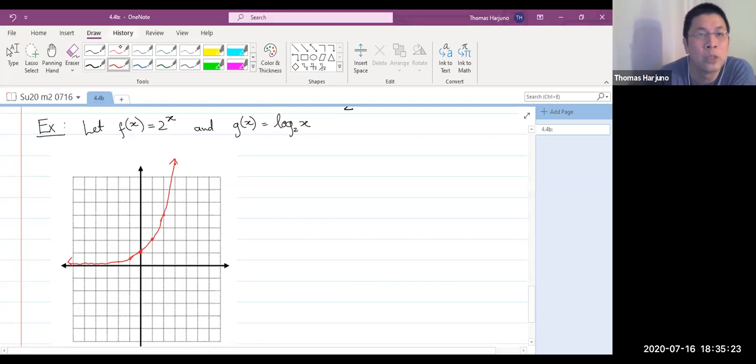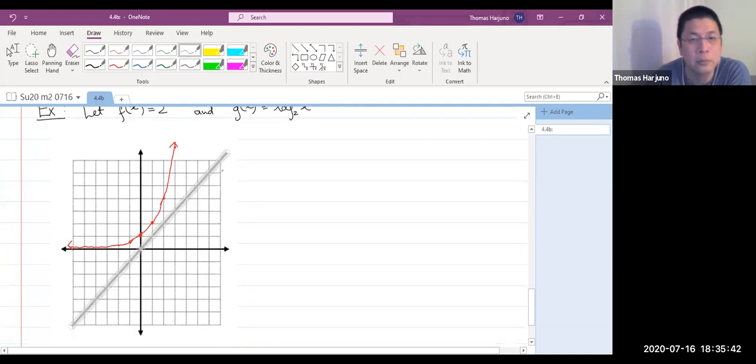Now then, what I said was that when you want to graph the inverse function, you actually reflect that red graph, which is the exponential function, with respect to this line, the y equals x line. Okay, you reflect that with respect to the y equals x line.